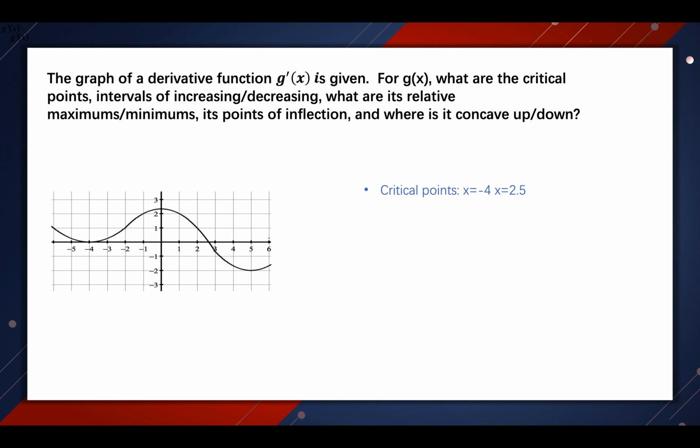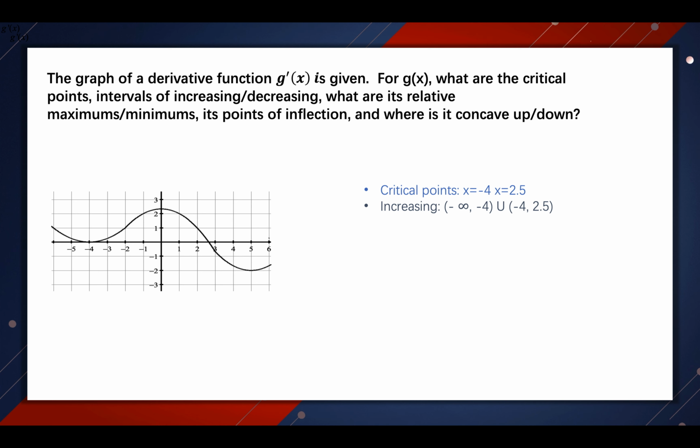So the critical points are when the first derivative of g of x equals 0, and in this graph, it is when the curve crosses the x-axis. So obviously, it is when x equals -4 and x equals 2.5. When g of x is increasing, it is when the graph of g prime of x has a positive gradient, so it is when the graph is above the x-axis.